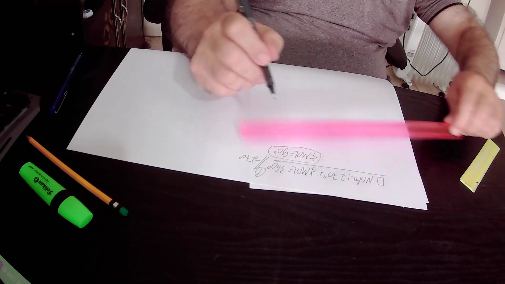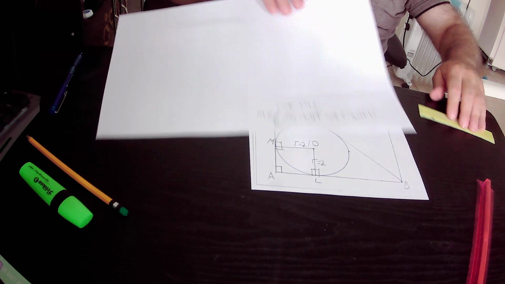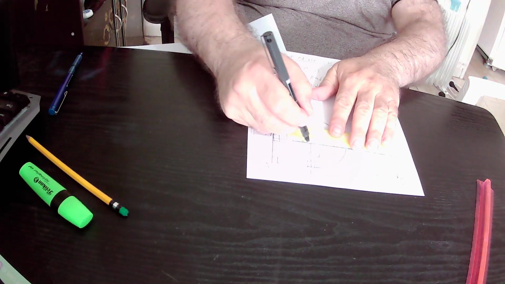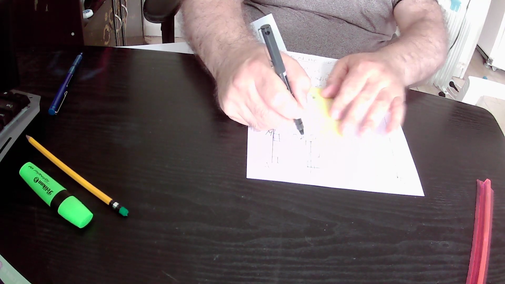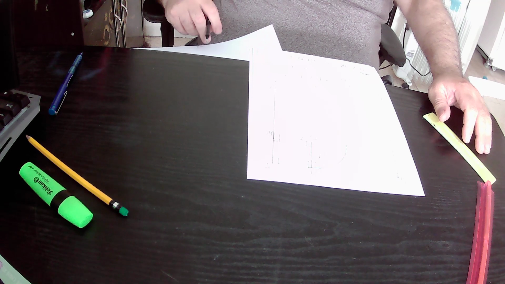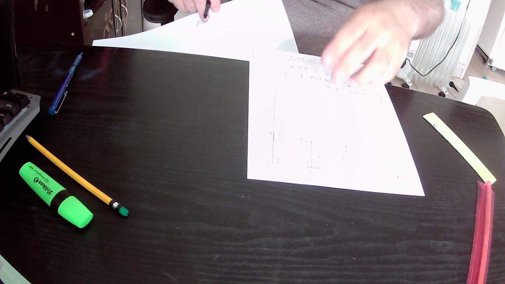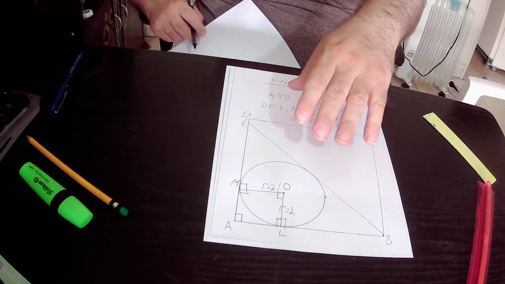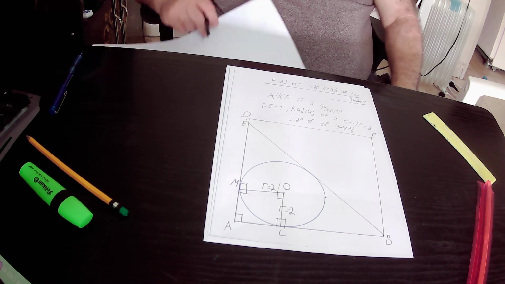So we can write here in the drawing that angle MOL is a right angle. So actually, in quadrilateral MOAL, we have four right angles.